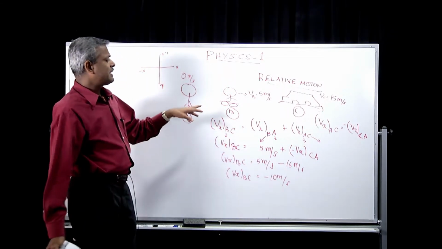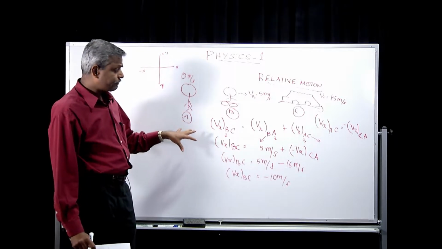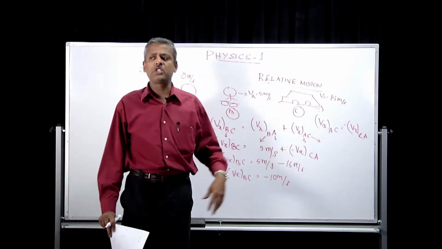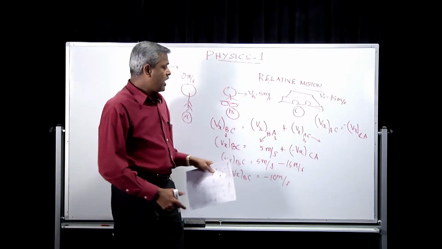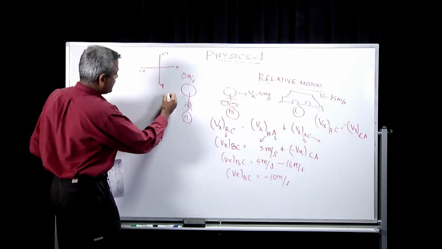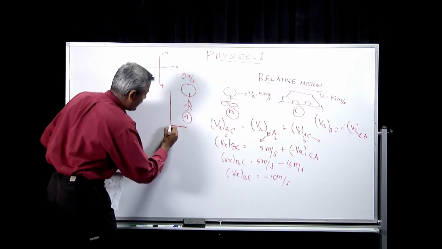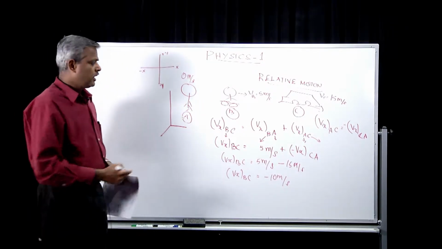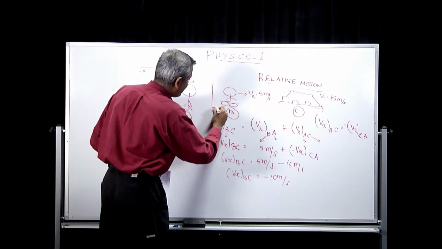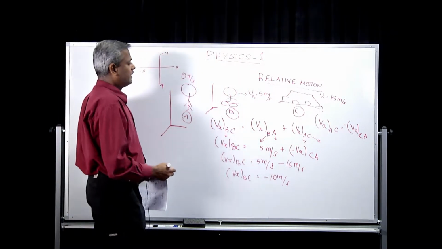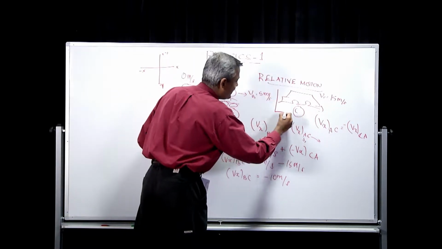So, on this, if you look at it, I have 3 frames of reference. If I look at this, the reference frame is 1, that is one reference frame, and then the second reference frame, then the third reference frame.